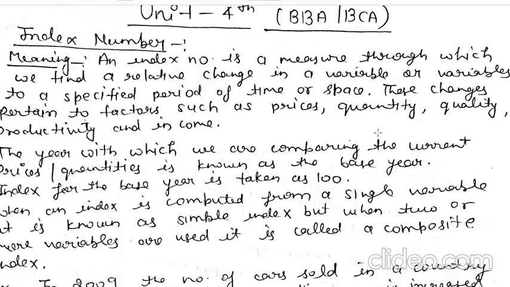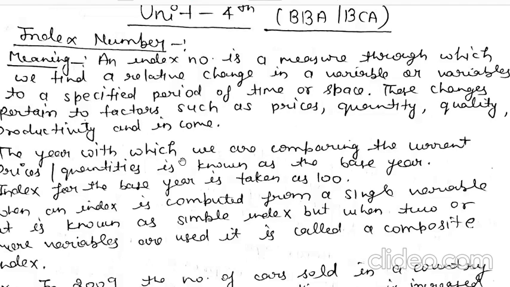Quality also varies. Sometimes we buy food from a shop and the quality is very good, and at other times it is not necessary that each time you will get the best quality of food. So all these factors vary your index number.